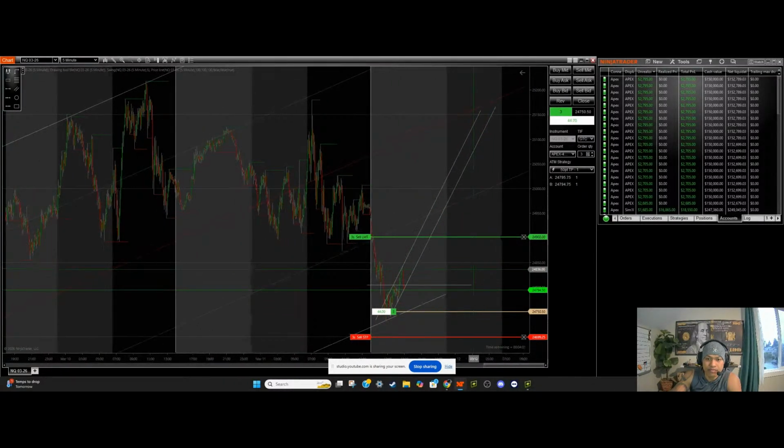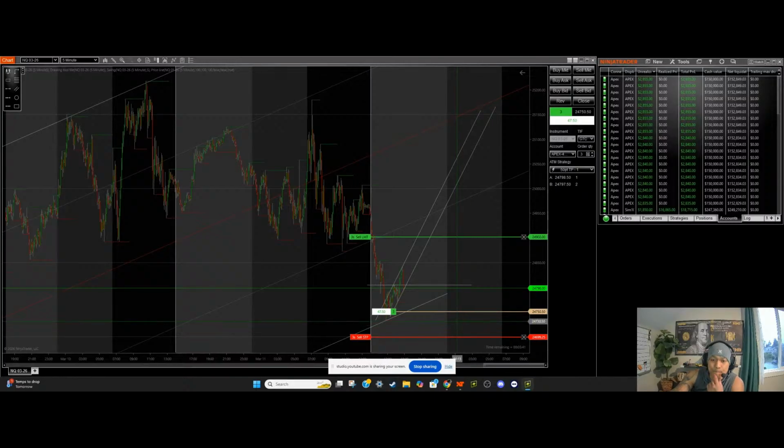Man, this is a really ugly pullback. We may not pass it today, we may just get stopped out, which would suck because we went all the way up to positive 5,400 in unrealized profit, and now this pullback is very ugly.